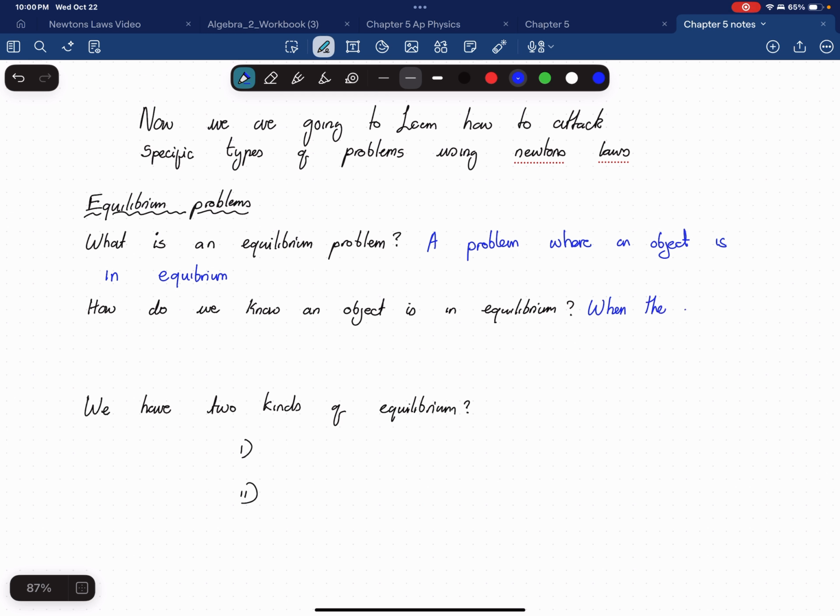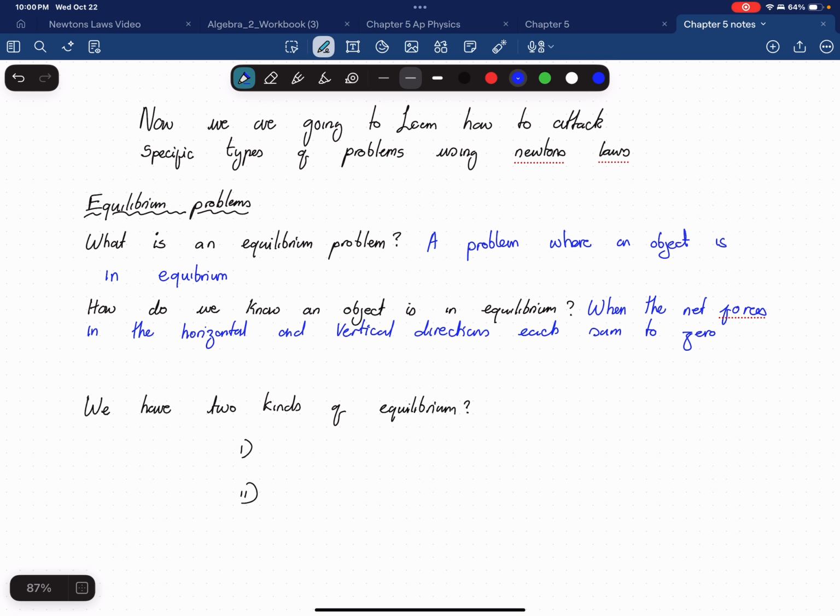When the net forces in the horizontal and vertical directions each sum to 0.